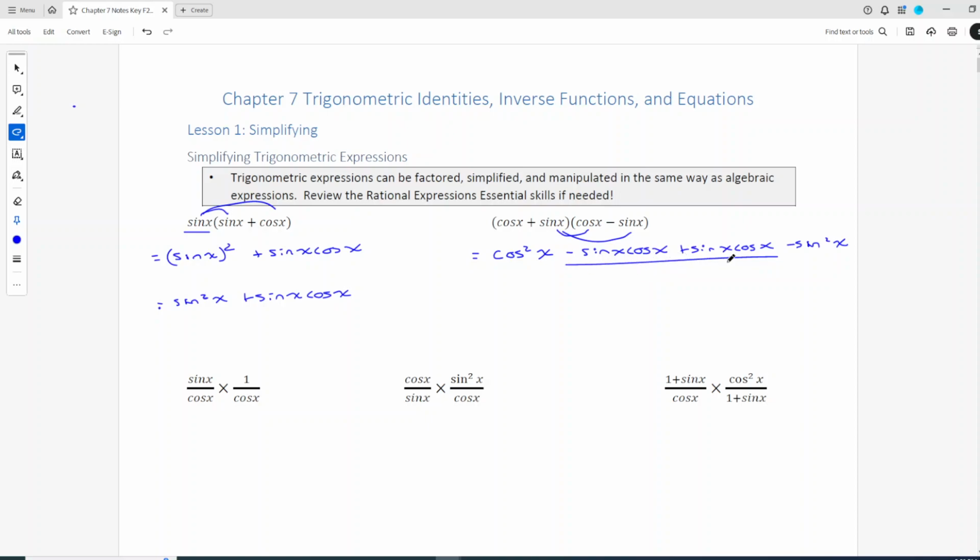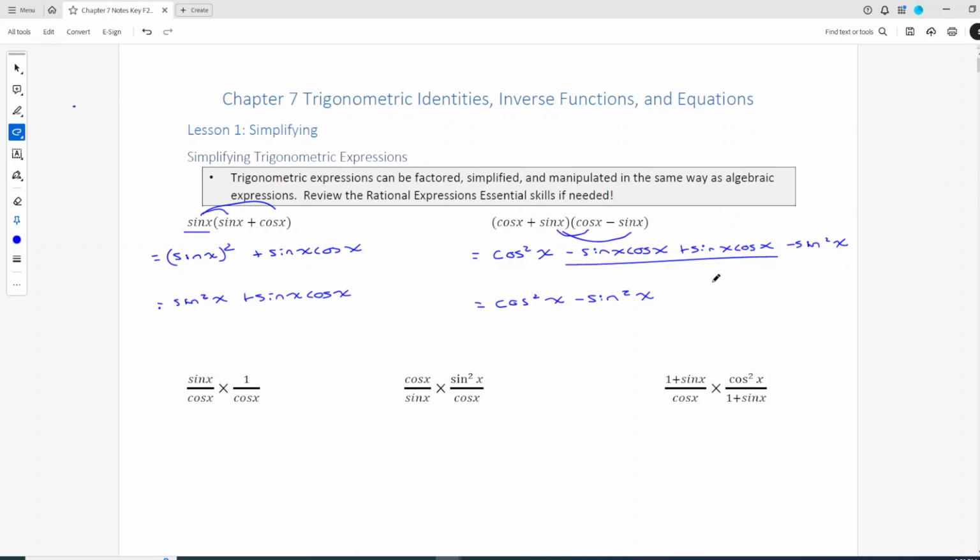And so those are actually going to cancel out, and I'm left with cos squared x minus sine squared x, which some of you might be recognizing as a difference of squares, which we got by multiplying two conjugate or complement binomials together. All those things should be in your head by the time you reach Math 60.